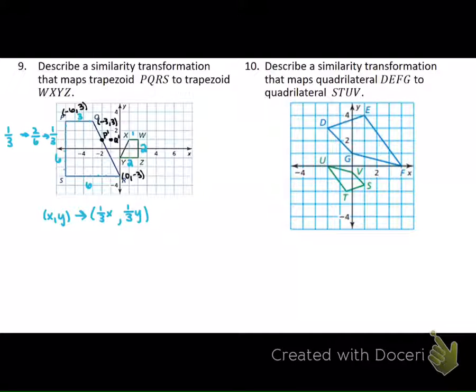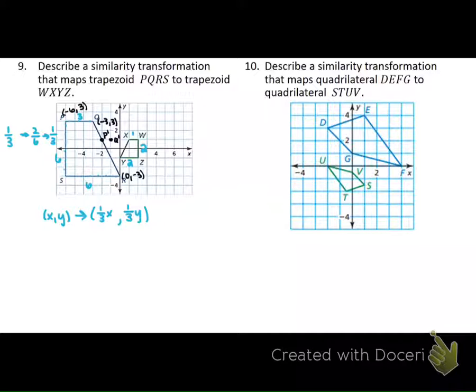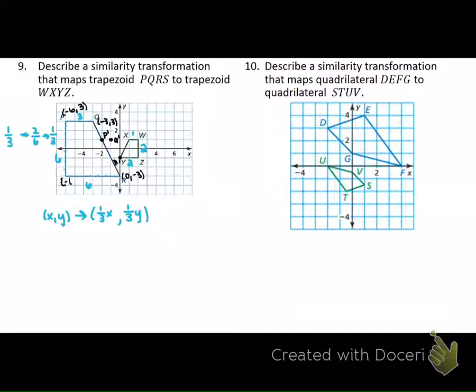If I'm multiplying it by 1/3, what would it become? -3 times 1/3 is? Think about dividing by 3. What's -3 divided by 3? -1, right? And then finally, Hayden, the last one is -6, -3. What does that become?